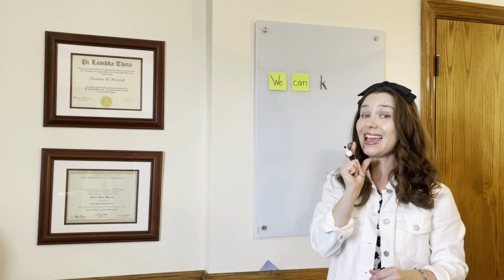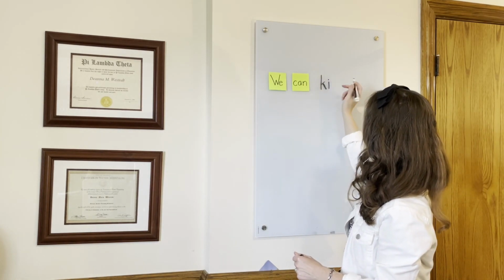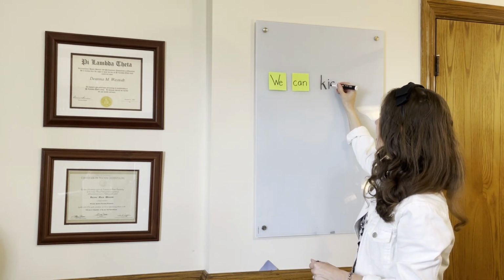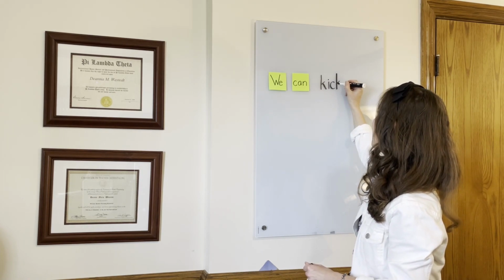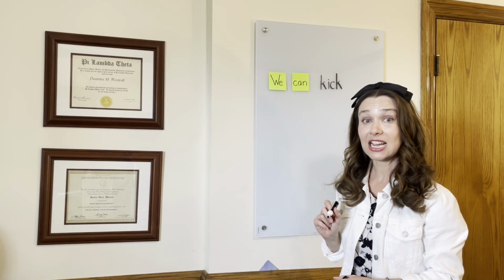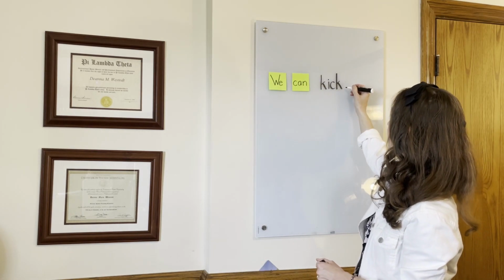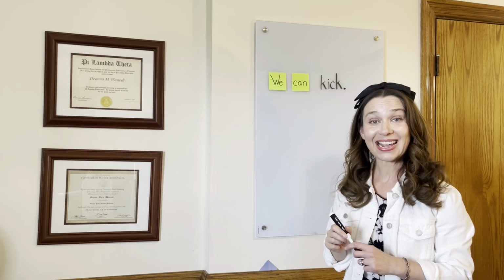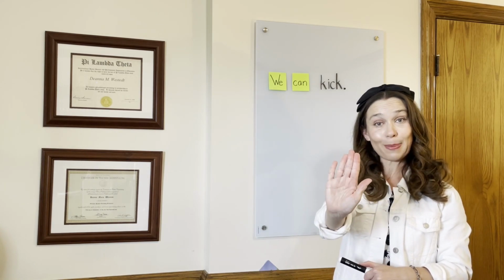I hear that I. So I'm going to write that I. We can kick. I hear the K at the end, and when we hear a K at the end, it's the C and the K that are sharing that space at the end of the word line. We can kick. And we always put a period at the end of our sentence because the period tells us to stop.